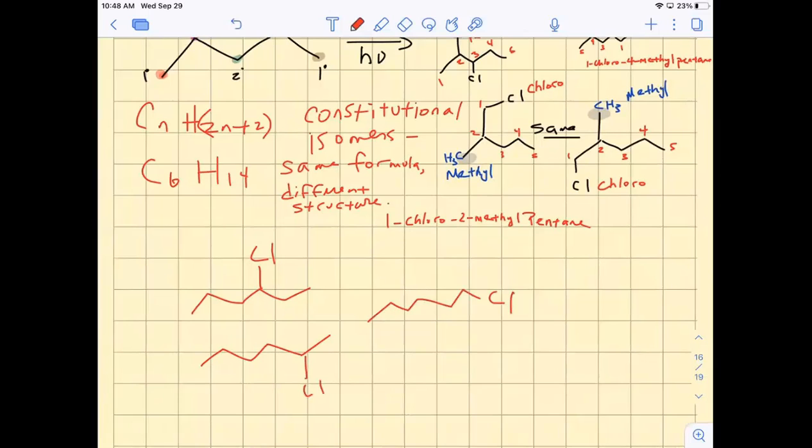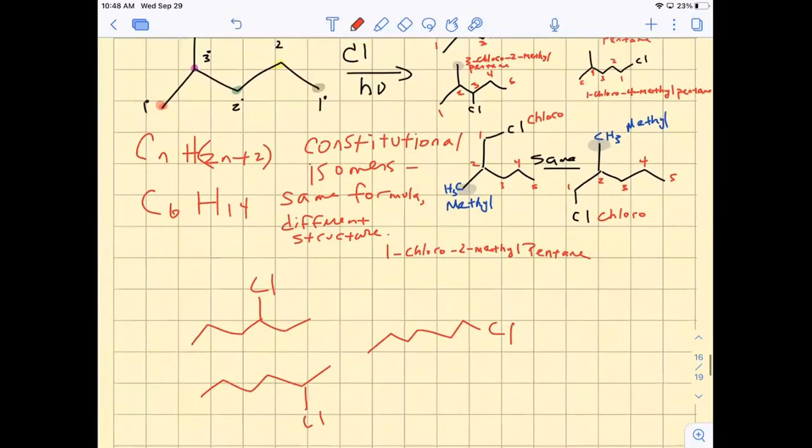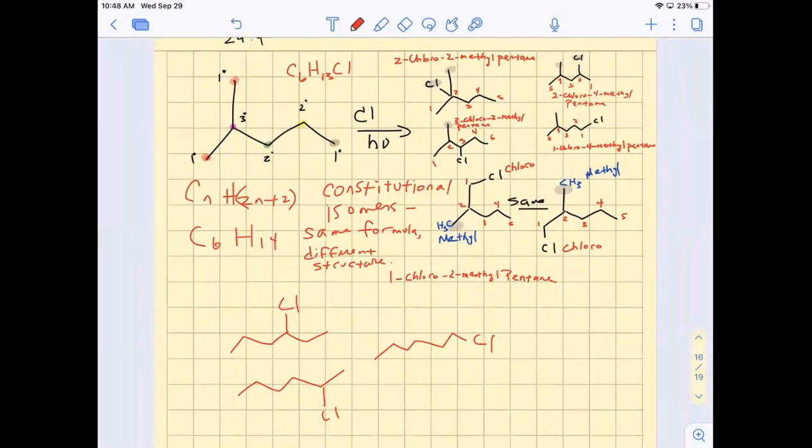But the point I was making in naming them is to show that these two products that you're going to get from here and from here are going to be the same. So if you name it and the names are identical, then you know that that's the same compound. Every time I teach this part with those 2 methyl groups, somebody always asks, are those 2 different products?